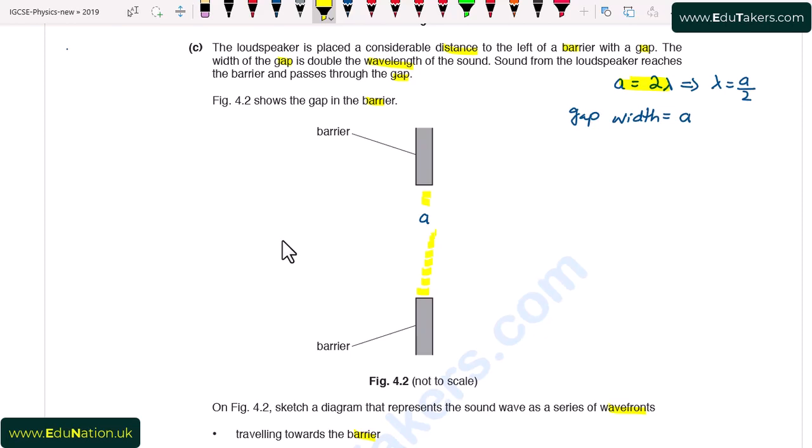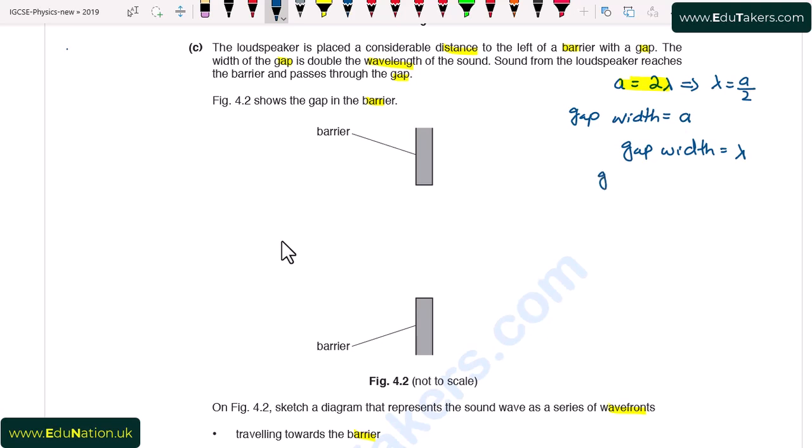So there will be the process of diffraction, that is the bending involved here. How much diffraction takes place depends upon the wavelength and the gap width. If gap width is equal to wavelength, then the diffraction will be maximum. But here the gap width is larger as compared to wavelength, so there will be less diffraction.